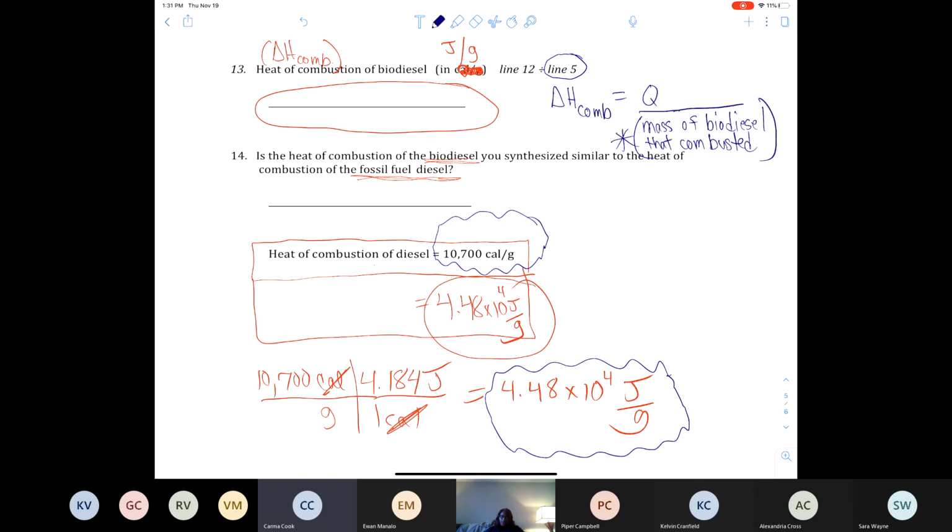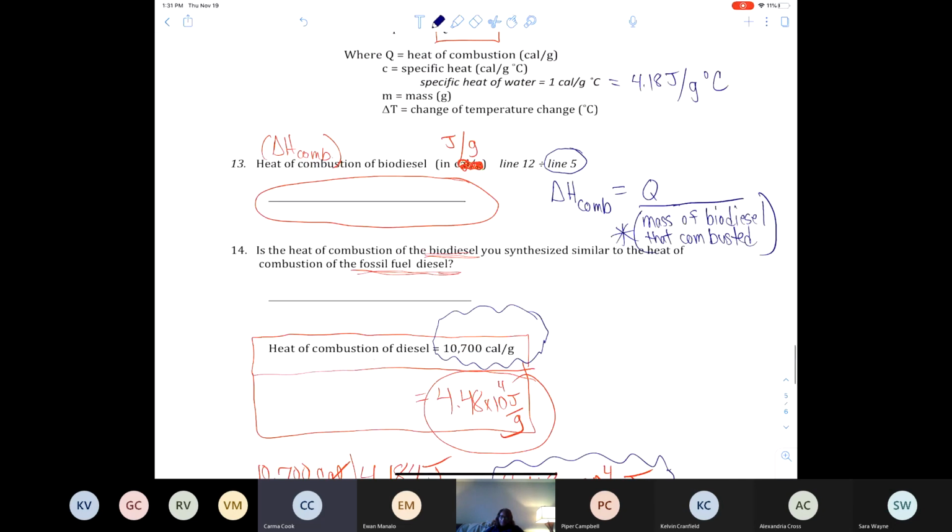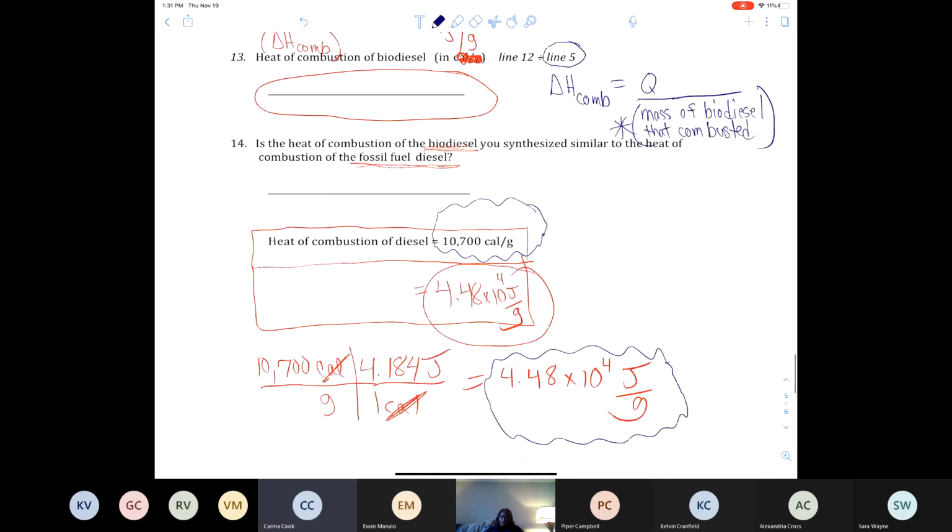And so if you calculated your Q and your delta H in calories, then you want to compare your delta H that you calculated in calories to this value. Or if you calculated in joules, then you want to compare your heat of combustion in joules per gram to this one.